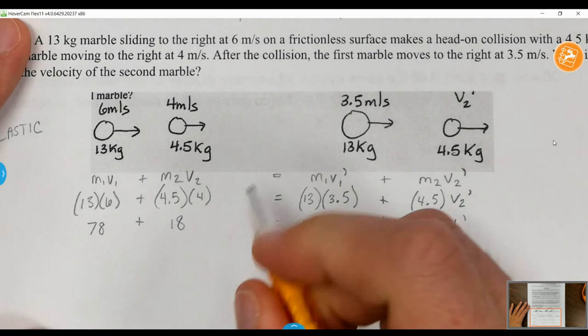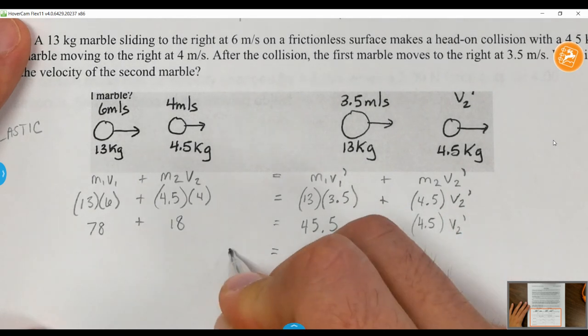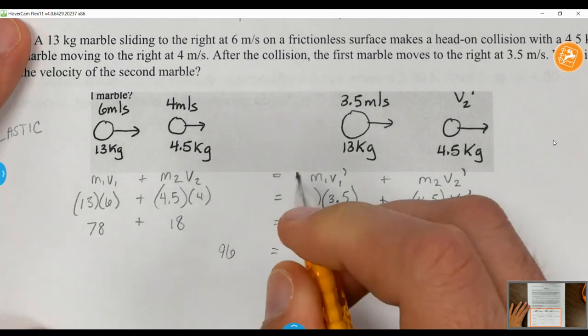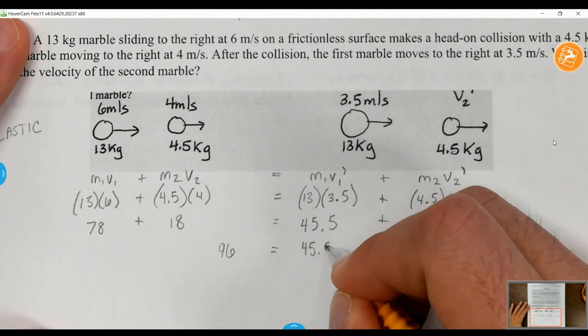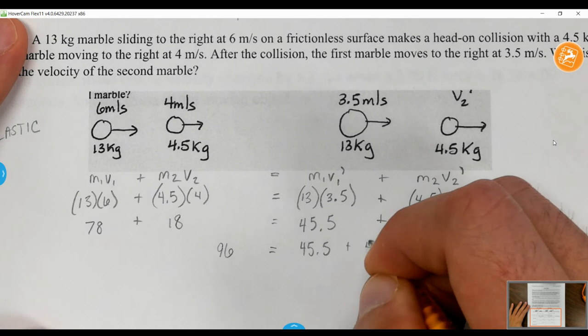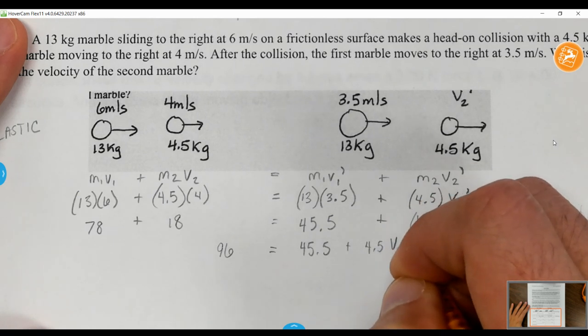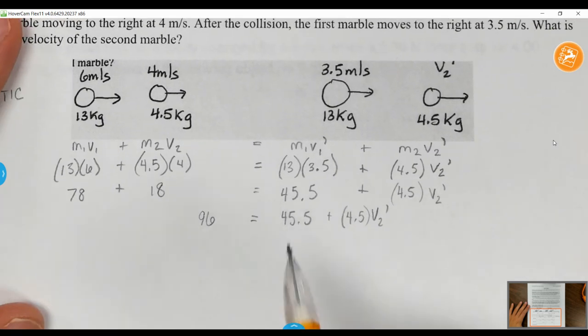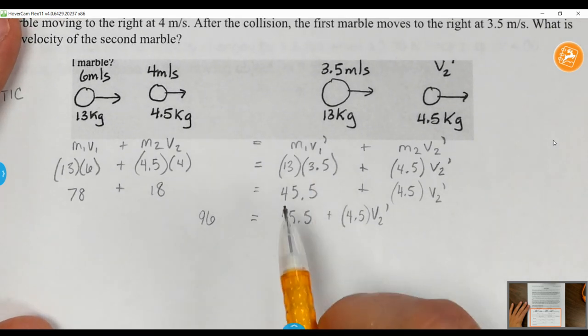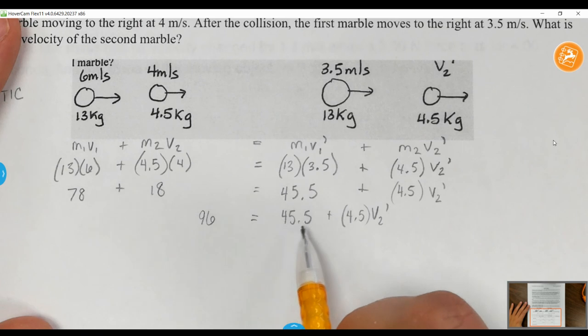Okay, let's add everybody up together on this side. 96. Subtract both sides by this 45.5.